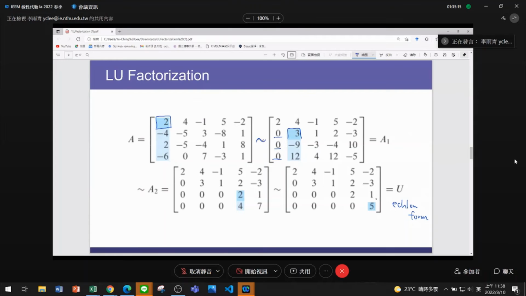Then the second pivot entry 3 is identified, so we further reduce and make these places 0. The next pivot we identify is 2, and in the next step we make this place 0. In the meantime, we identify the fourth pivot. And this is the echelon form.